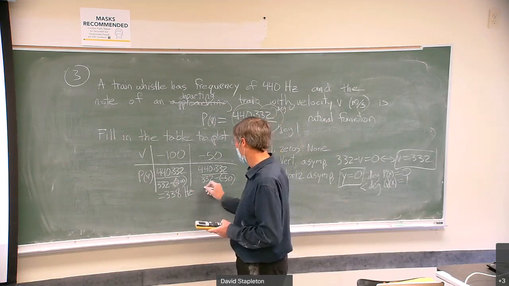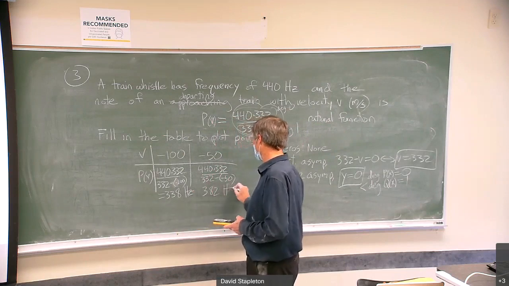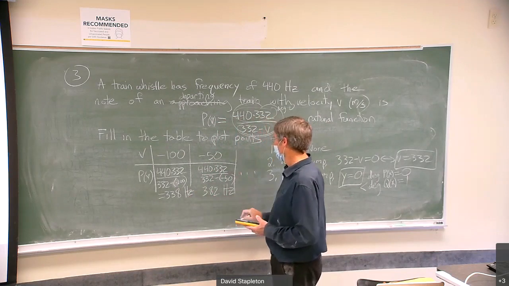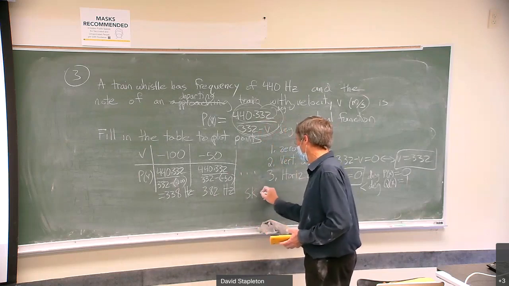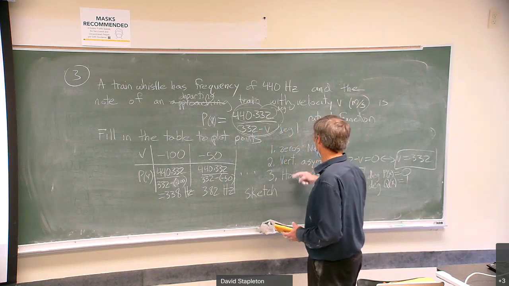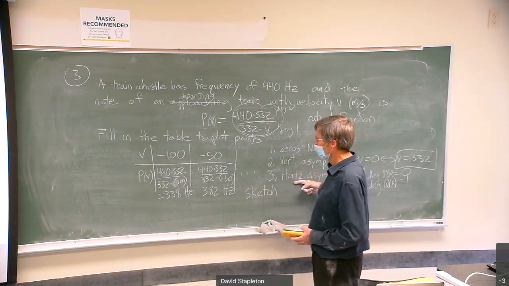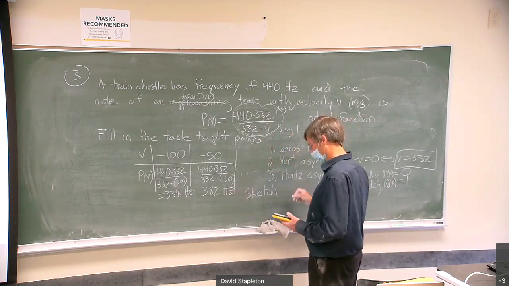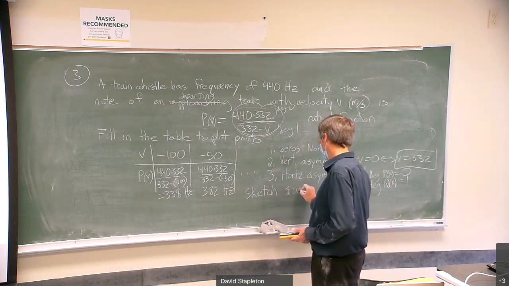Now I get 382 hertz for this one. And so you fill in the table with these kind of numbers. Then you can make a sketch based on this vertical asymptote, this horizontal asymptote, that there are no zeros, it never crosses, and you plot a few points. You can do it on your calculator. Sketch and use calculator.